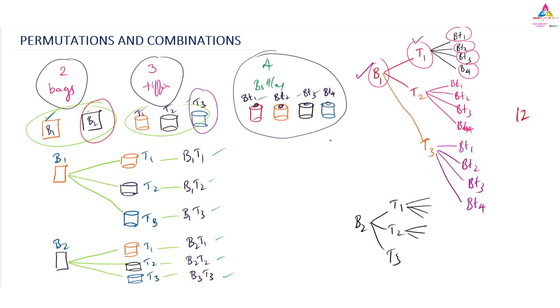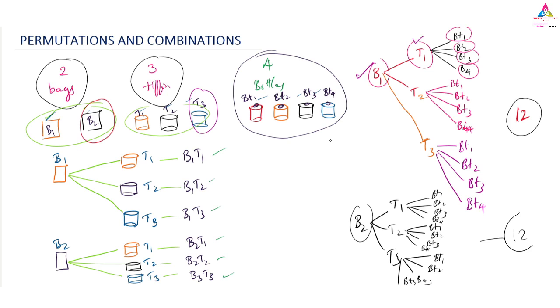Again it will continue like this throughout the end, that is for the third tiffin box also. So here also you are going to get 12 choices using bottle 2. So what is the total number of choices? 12 plus 12, 24.